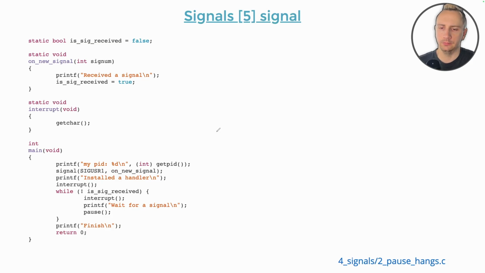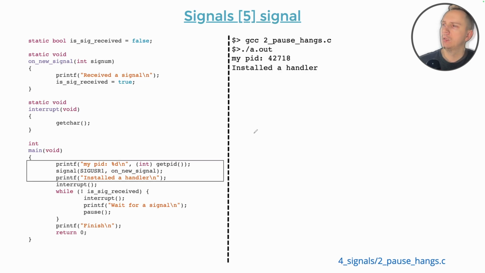In this example, I want my process to wait for SIGUSR1 until it is received, and then I want to finish. This is a very simple task, right? I also added some prints, so we will see what is happening. In addition to this trivial logic, I also added an invocation of an interrupt function.